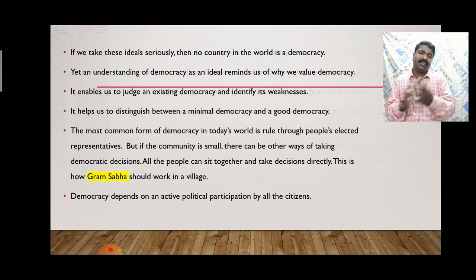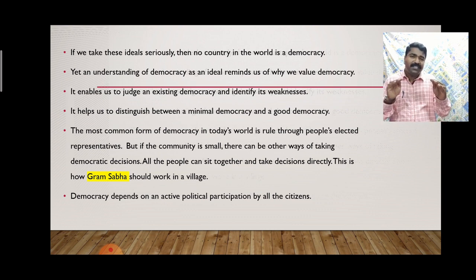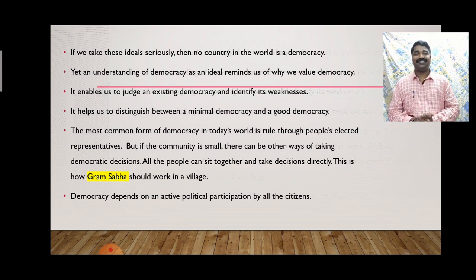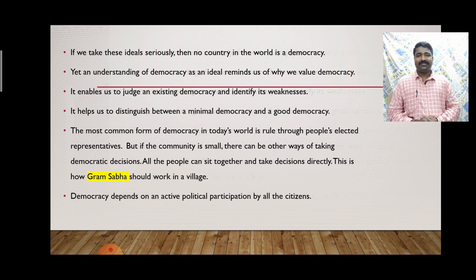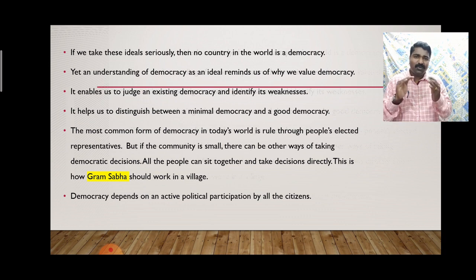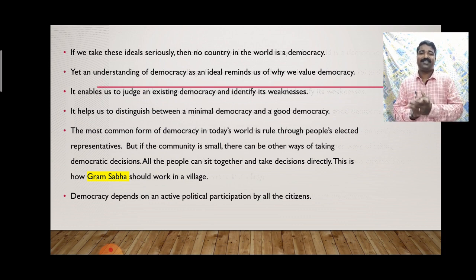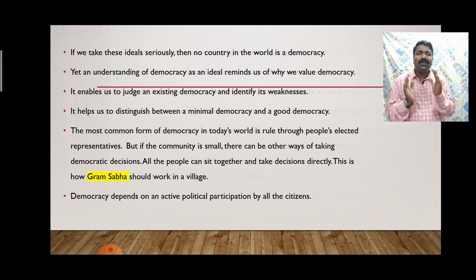All the citizens must participate. Then only can we achieve these ideals of democracy. A ruler alone cannot do this. The people of that country also have to participate in democratic decisions. Then only can we achieve an ideal democracy in our country.